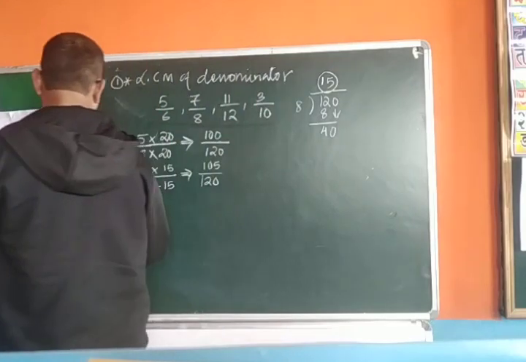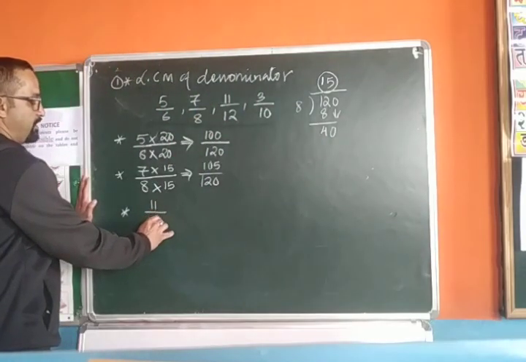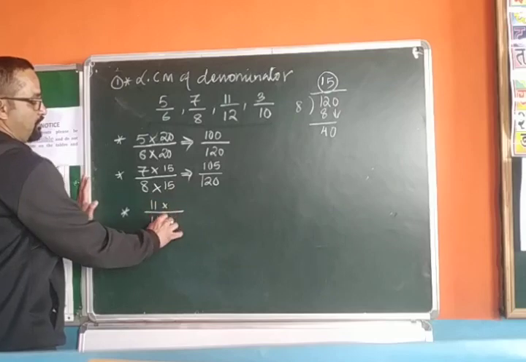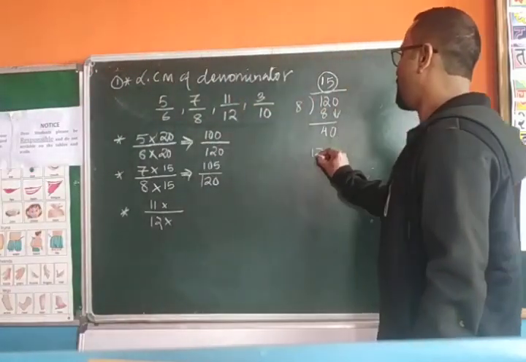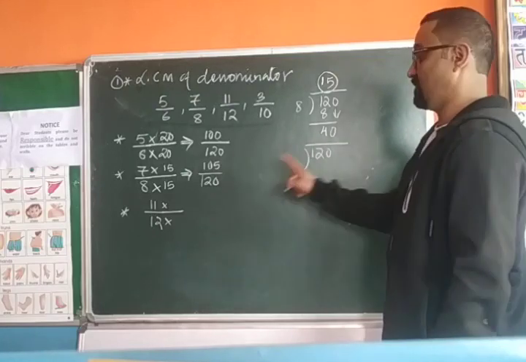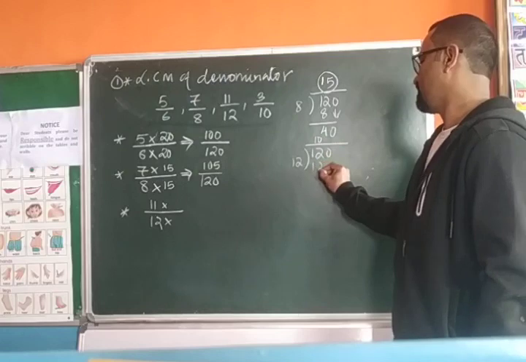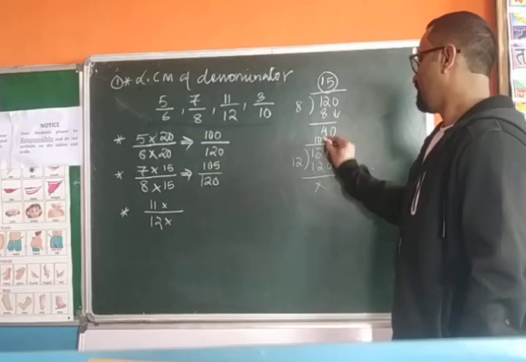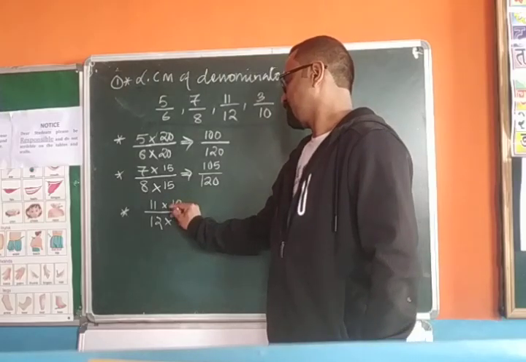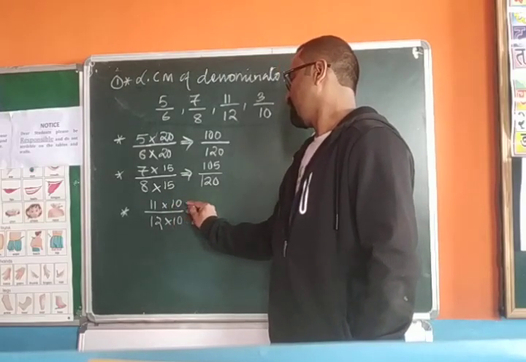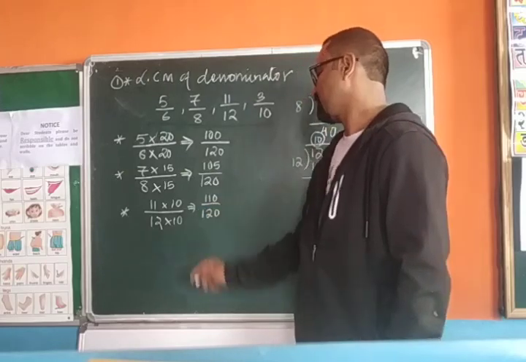Third fraction, 1 by 12. Again find the suitable number. 120 divided by the denominator 12, 10 times 12 is 120. What is the suitable number we get? 10. It is 110 divided by 120.